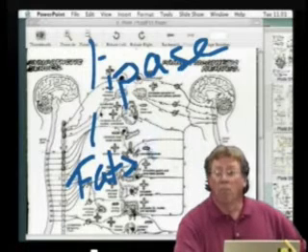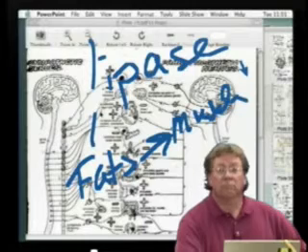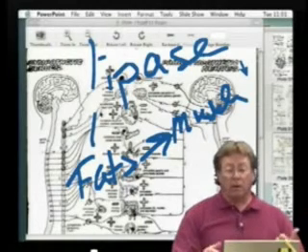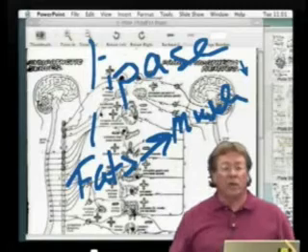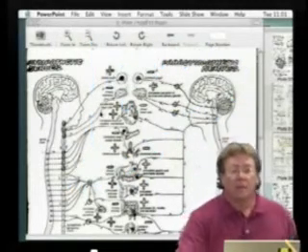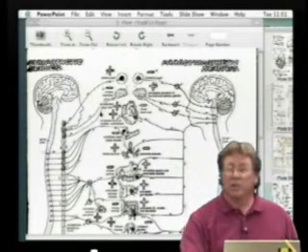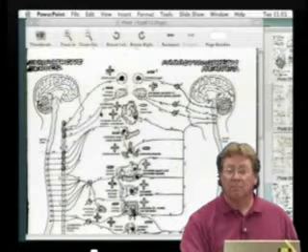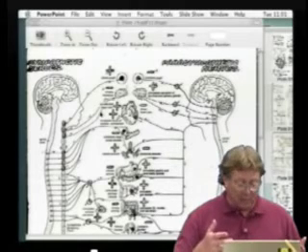Fats which are mobilized and go to the muscle, skeletal and heart, to help support increased metabolism. Indeed, you'll see that metabolic rate goes up when sympathetic nervous system is activated. You're gearing up for all this metabolism.